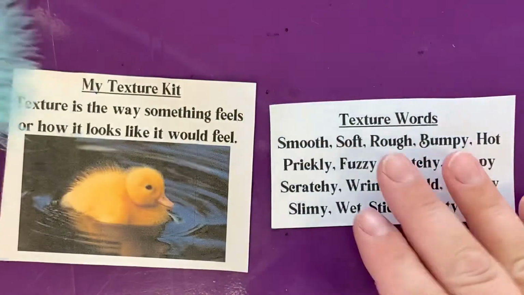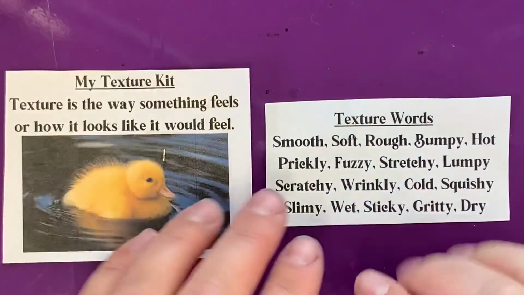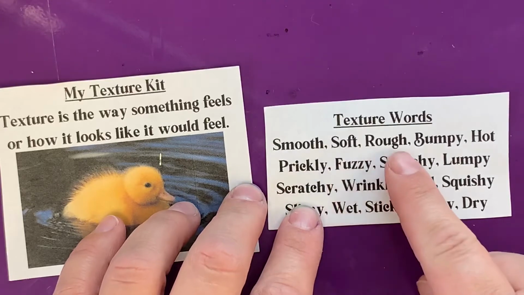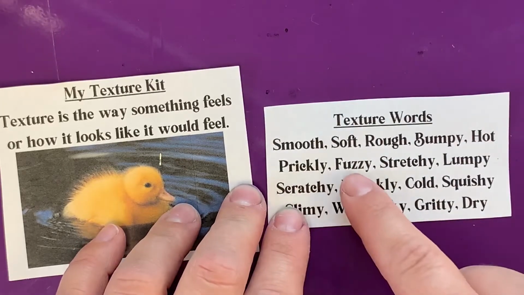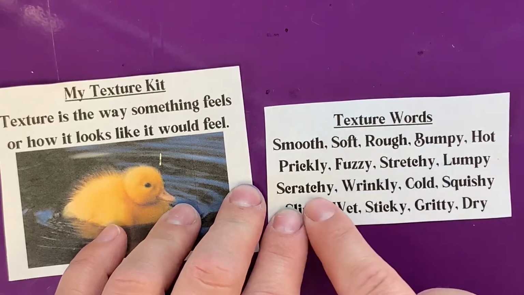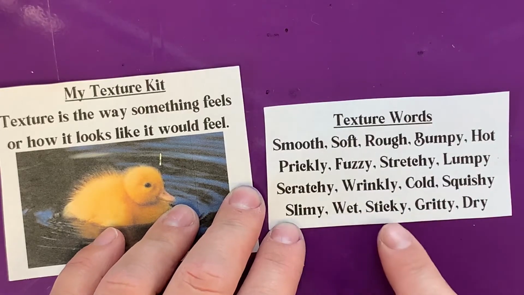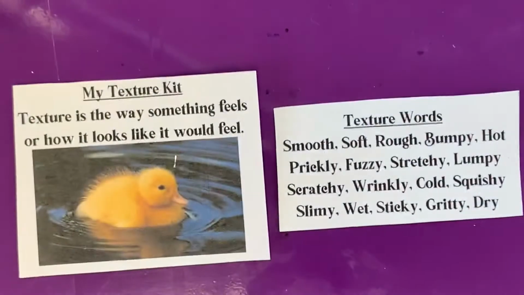So those are some of the texture words. Now this is just a few. There are many texture words, but some of the words we're going to use today are smooth, soft, rough, bumpy, hot, prickly, fuzzy, stretchy, lumpy, scratchy, wrinkly, cold, squishy, slimy, wet, sticky, gritty, and dry. And those will be words that we can use to describe.